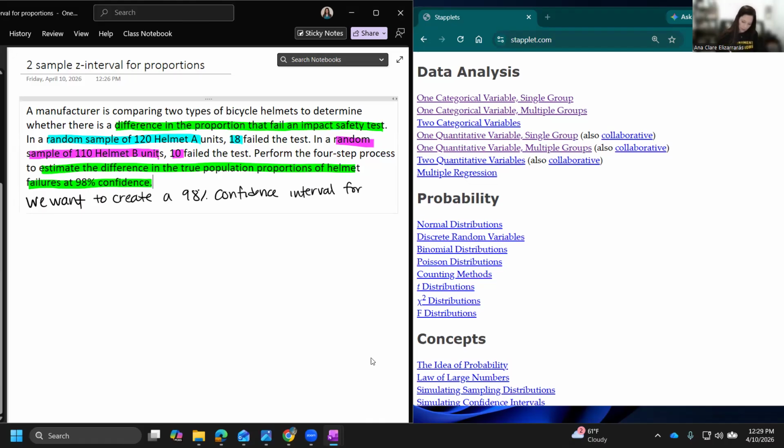So for PA minus PB, since they're giving us helmets A and B, the true population proportion difference in helmet failures from helmets A and B.